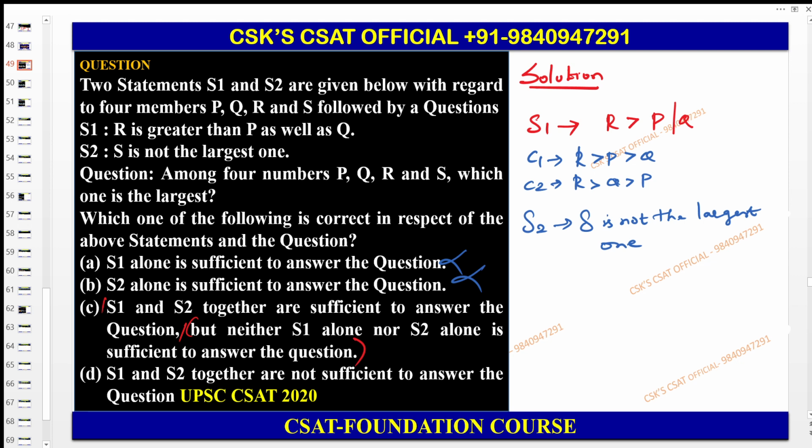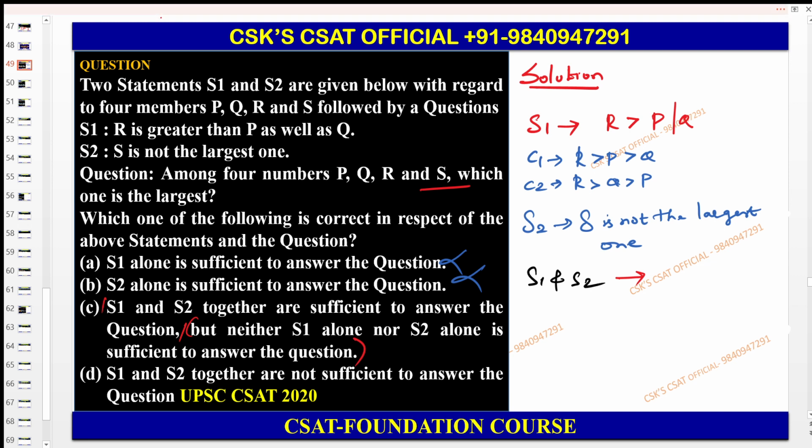Now let us see both statements combined together, S1 and S2. While combining, you can see that S is not the largest. Obviously, if S is not the largest, then among P, Q, R, the largest must be one of them. According to the first statement, R is greater than P and Q, so R is the largest, not P. Please try to understand this.